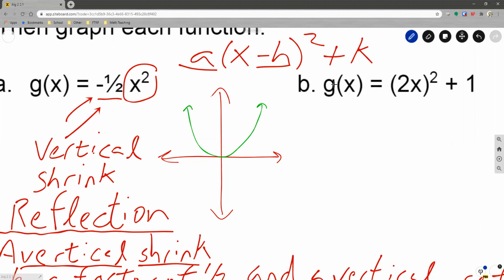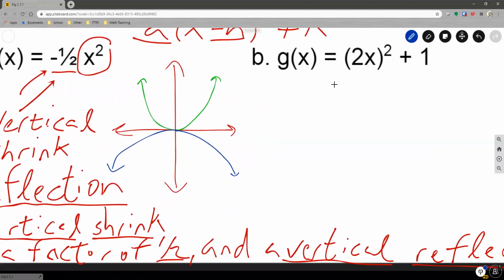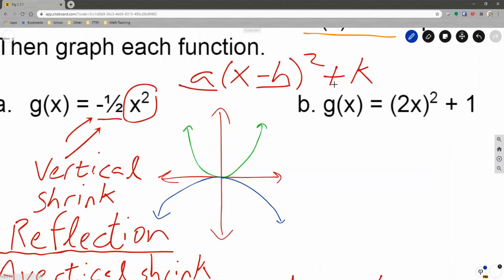That's a really bad drawing. Let's try that again. So it's been vertically reflected, so it's pointing down, and it is wider or shorter because it's been shrunk vertically by a factor of 1/2.